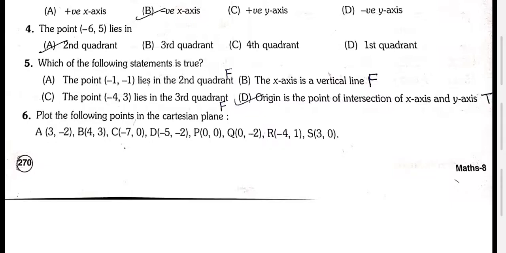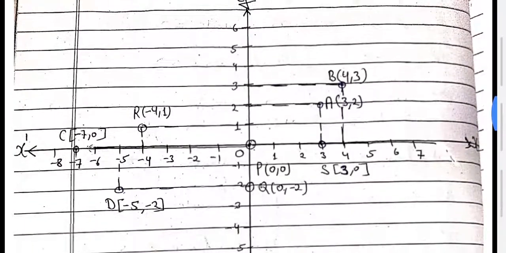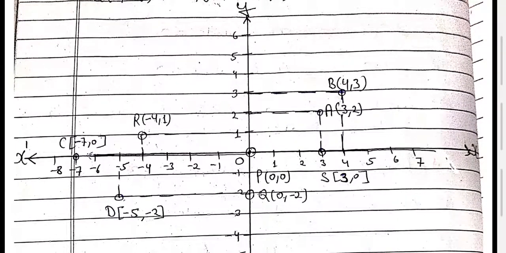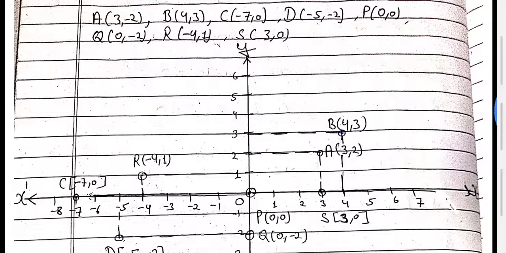I am plotting here in the notebook only, but when you plot you have to use graph paper. About graph paper, I will tell you in the next exercise, and I will solve all the questions on graph paper in the next exercise. In this exercise you have to understand this on a simple notebook, but you have to draw these points on graph paper only.